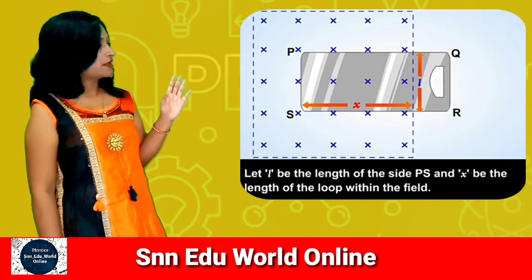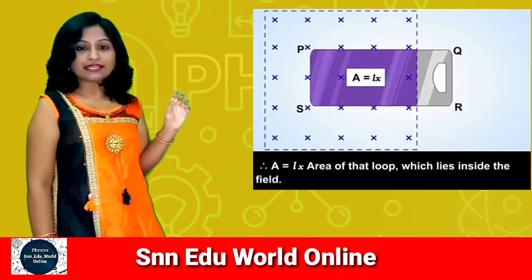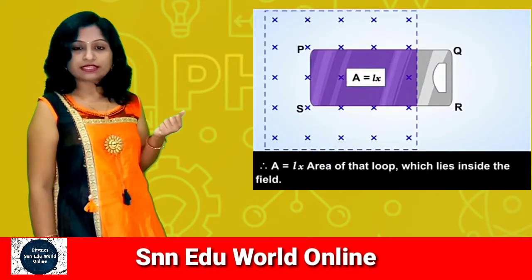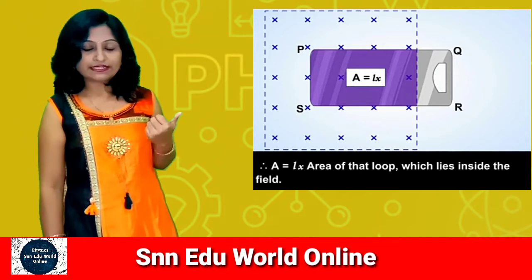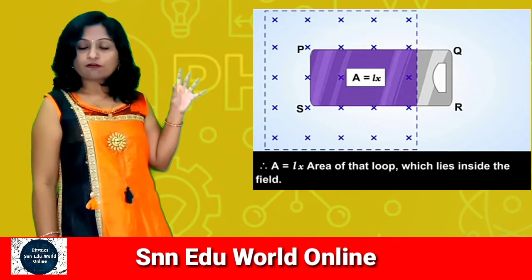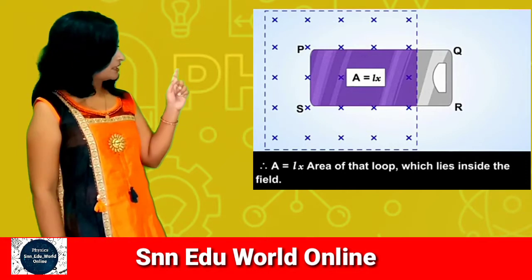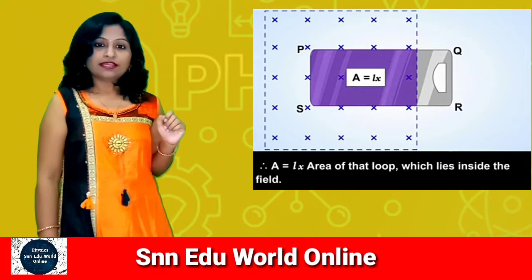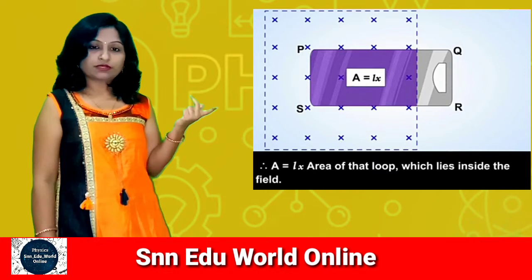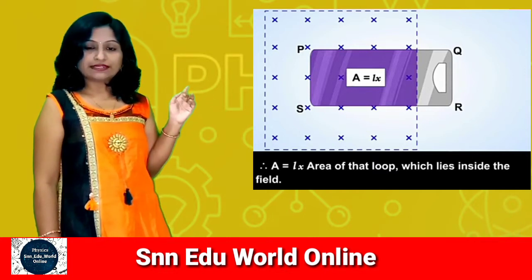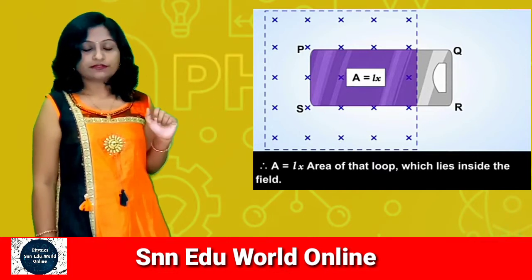So from that, magnetic flux through area A in time t can be given as, first we'll find the area. What is the area of the rectangular coil which is inside the field? A is equal to L into x, length into breadth, the area which is inside the field. Okay.